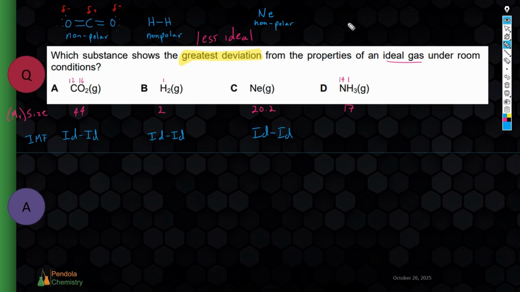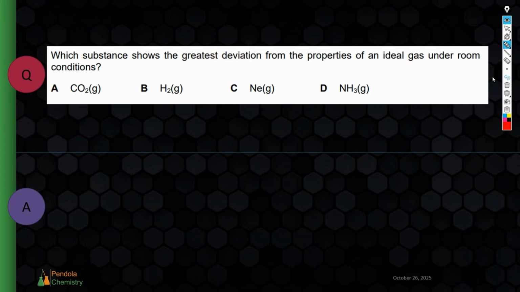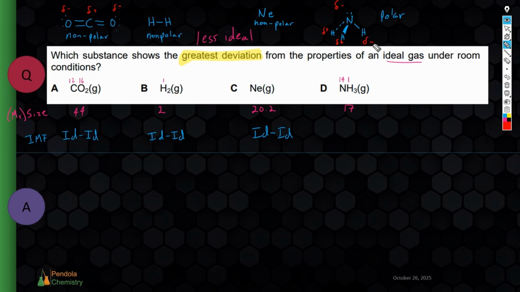However, if we look at ammonia, ammonia is a pyramid-shaped molecule with a lone pair of electrons on the nitrogen. Ammonia is a polar molecule which has a partial negative on the nitrogen and partial positives on the hydrogens.